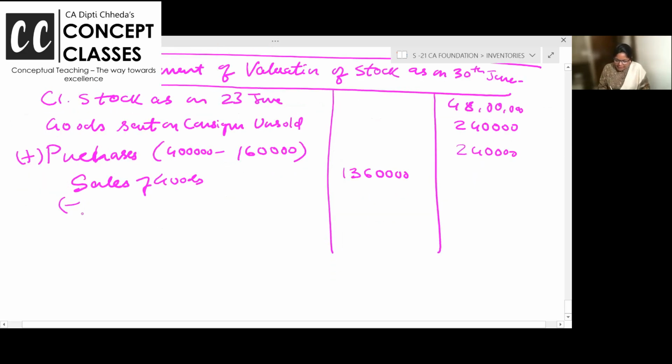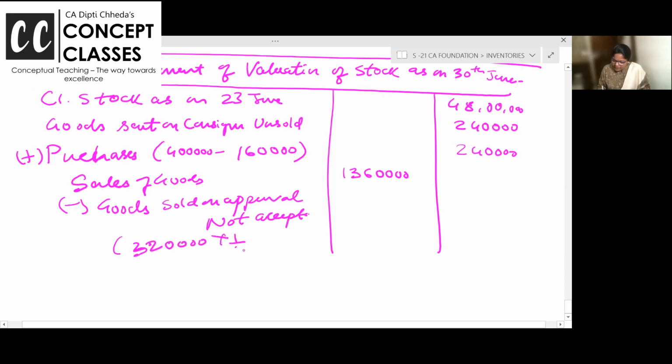First, minus goods sold on approval basis, not accepted. 320 were sent. Out of that, half was accepted. Half was not accepted.